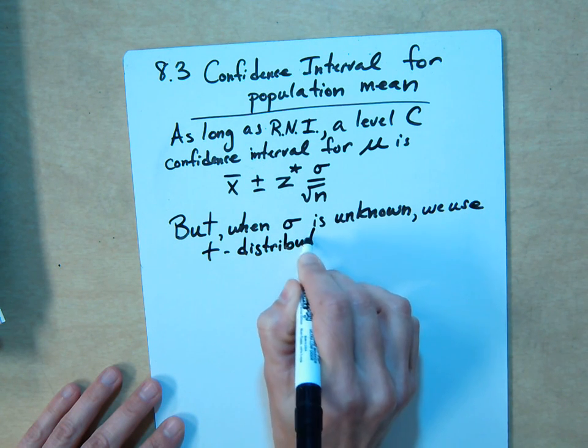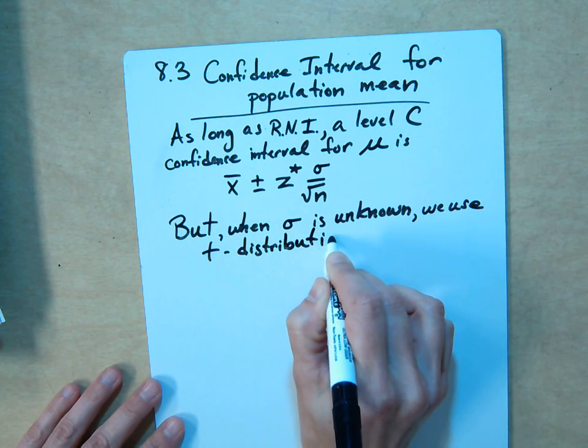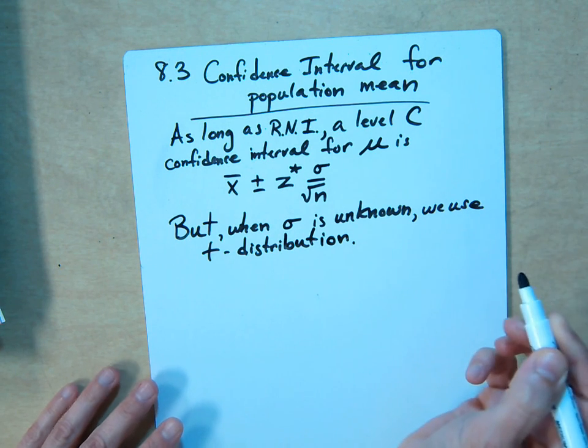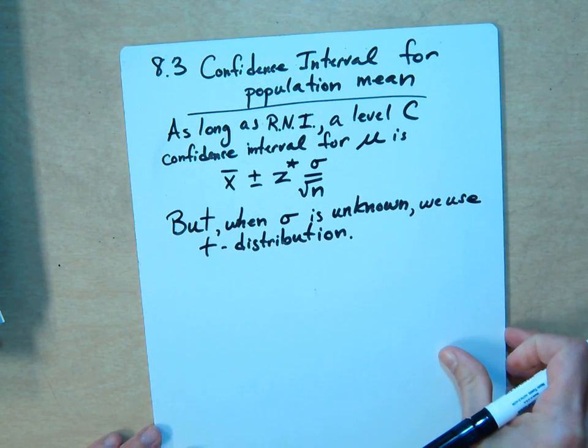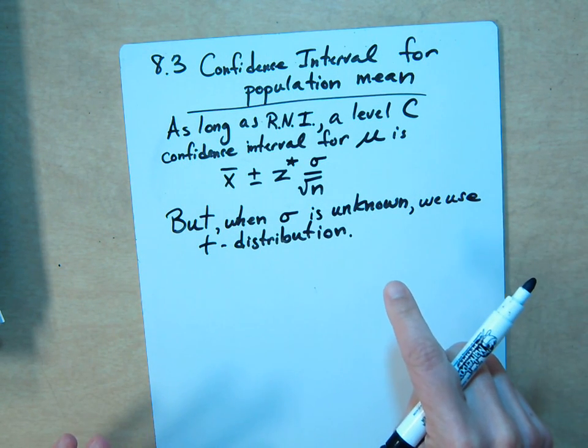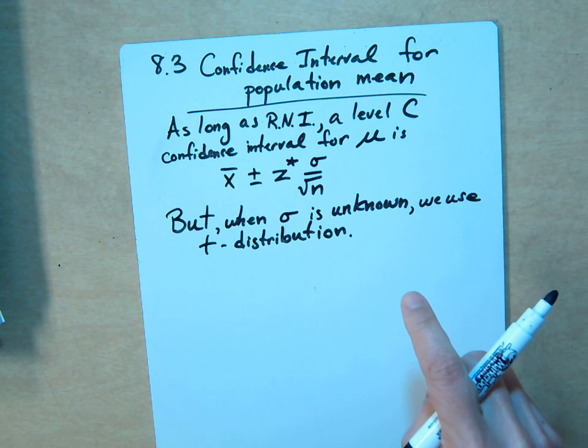It's better illustrated with videos, but a t distribution looks just like a normal distribution, except the tails are fatter. We'll see some videos on that. You'll use a t distribution, and you'll use a different table as well.